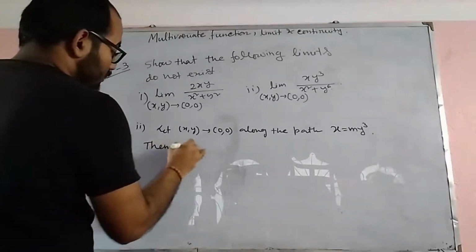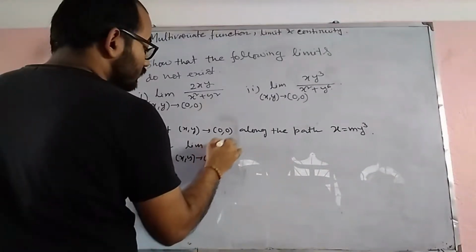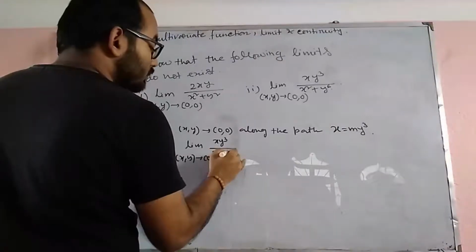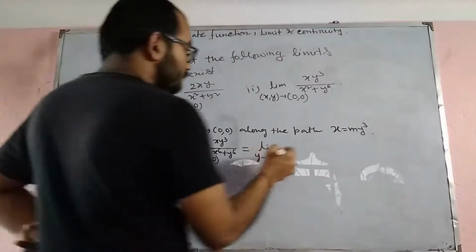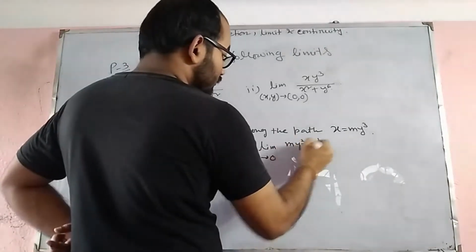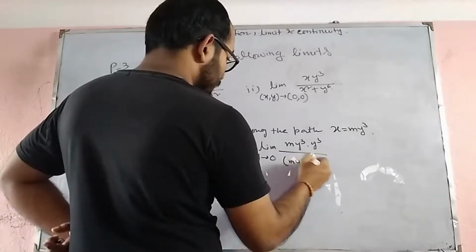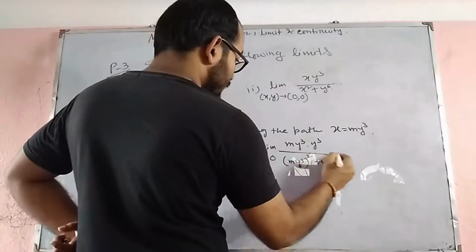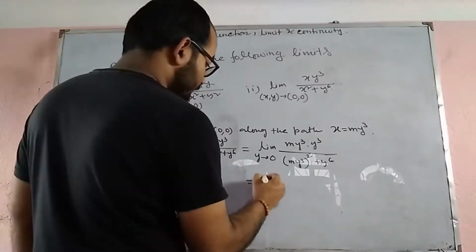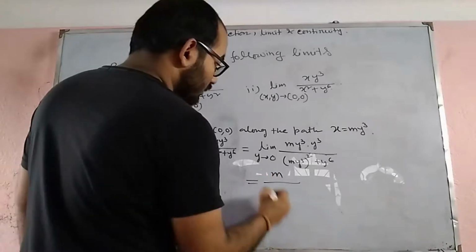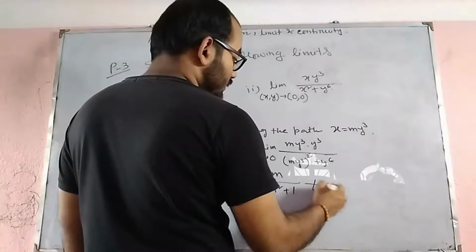Then limit y tends to 0. See, y to the power 6 will be removed. Okay, then our expression will be this.